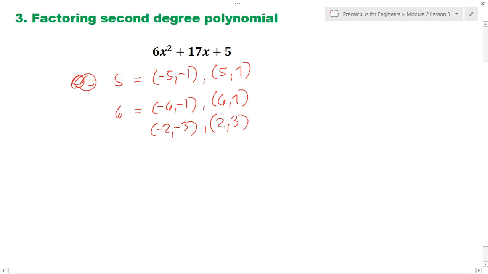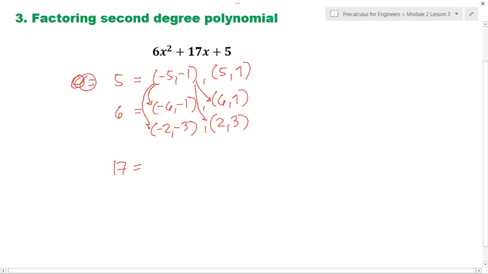See to it that the combinations will result to 17. So, what are our combinations? Actually there are many. You can try them one by one, but to make it easier, I will just choose the proper combination.